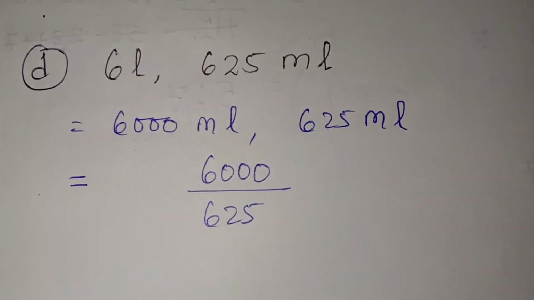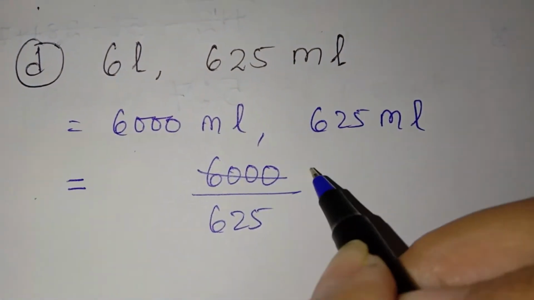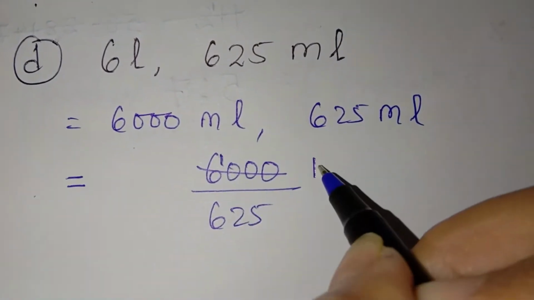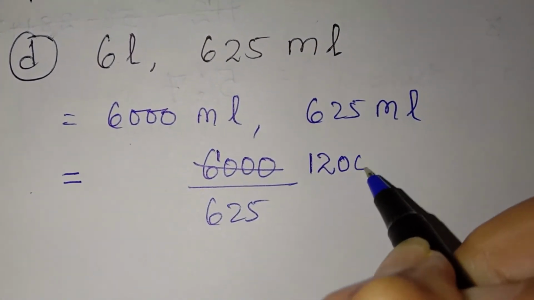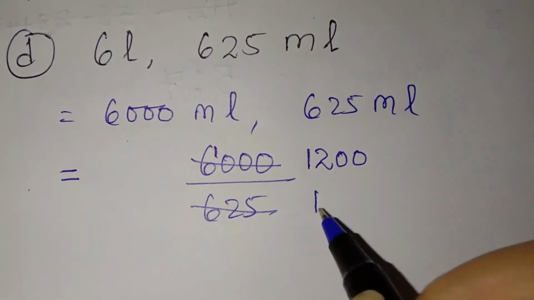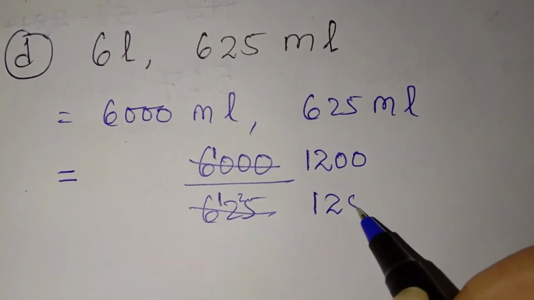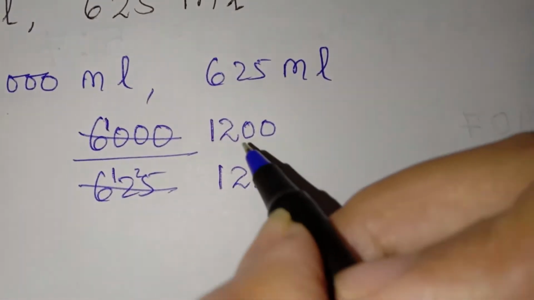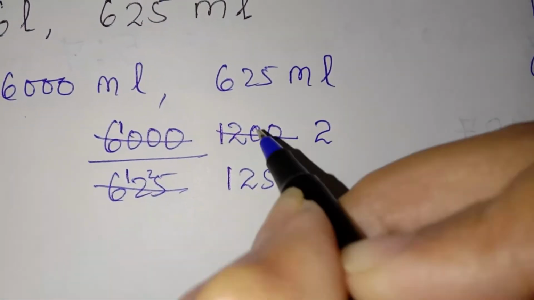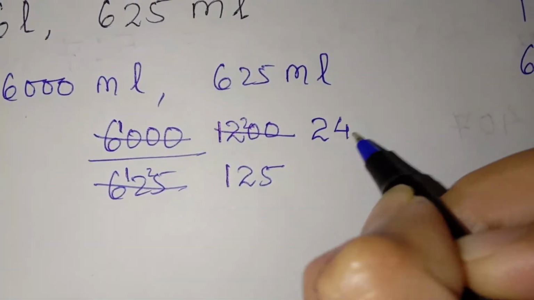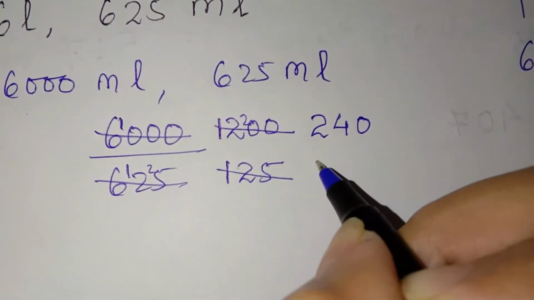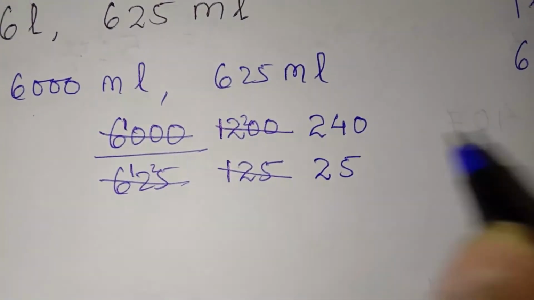Now we will cancel by 5. 5 1s are 5, 5 2s are 10, 0 0. 5 1s are 5, 5 2s are 10, 5 5s are 25. Now again we can cancel with 5. 5 2s are 10, 5 4s are 20, 0. 5 2s are 10, 5 5s are 25.